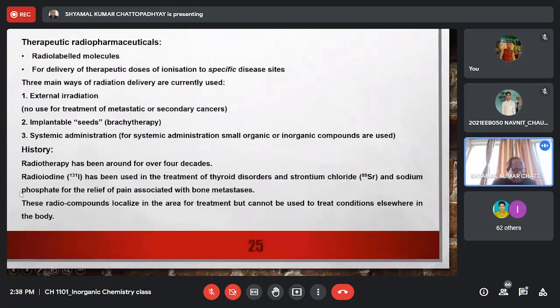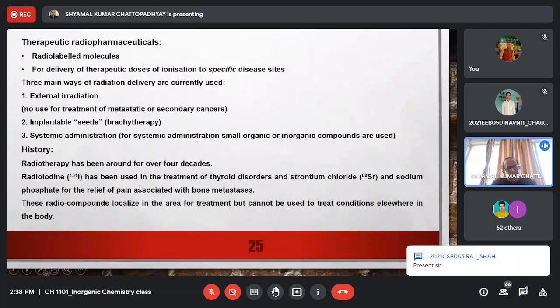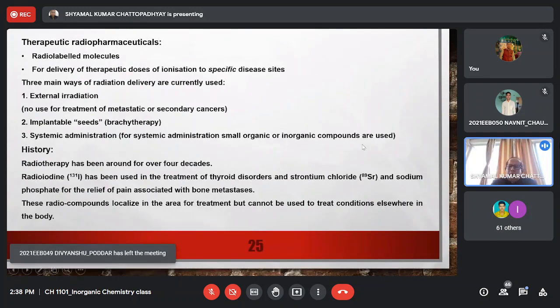One of the most extensively used radioisotopes is iodine 131, used for the treatment of thyroid cancer, and more recently, strontium 89 chloride, along with sodium phosphate, for the treatment and relief of bone cancer or bone metastasis. Okay.